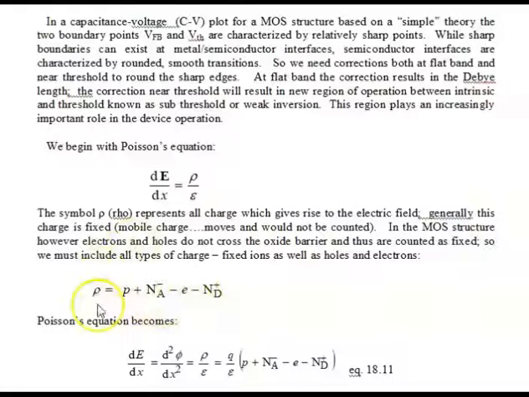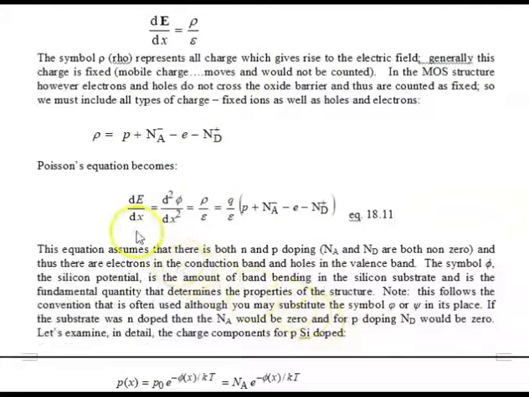So basically we put in rho all the charges into Poisson's equation to get equation 18.11. The electric field is equal to the first derivative of potential, and the first derivative of electric field is equal to the charge density. So I differentiate the electric field, which is the second derivative of the potential, and I get equation 18.11.